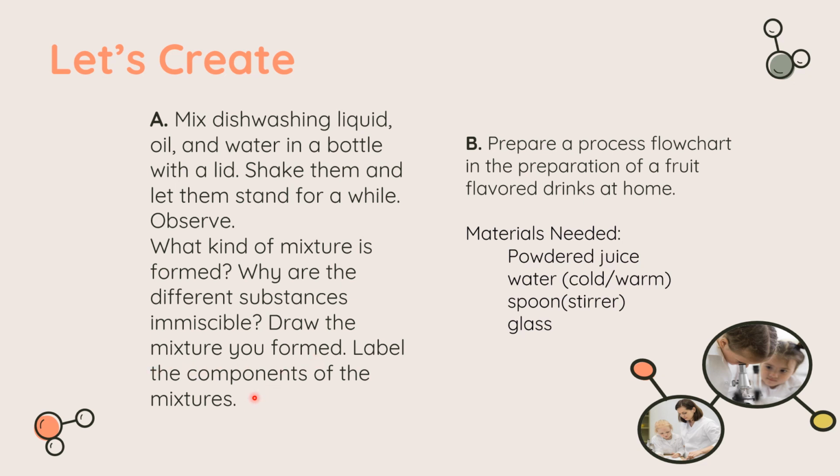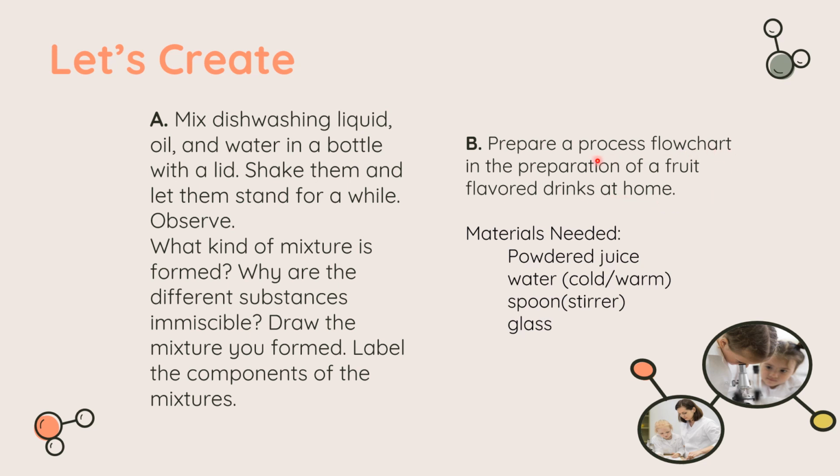And then letter B, you are going to prepare the materials here: powdered juice, warm or cold water, a spoon as a stirrer, and then of course a glass. You need these materials because you're going to prepare a process flow chart in the preparation of a fruit flavored drink at home.